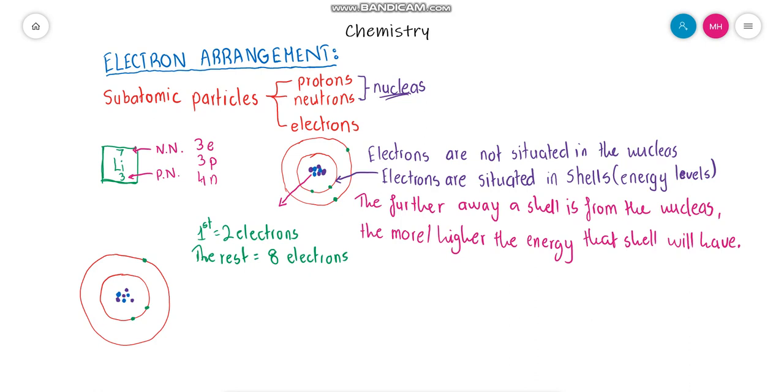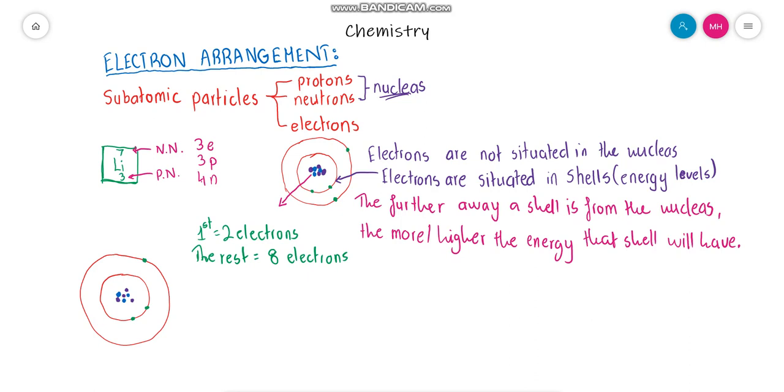Now, as you can see, in order for this lithium atom to gain a stable outer shell, it can either gain 7 electrons, or it can lose 1 electron. We'll talk about where these electrons come from in the next videos.